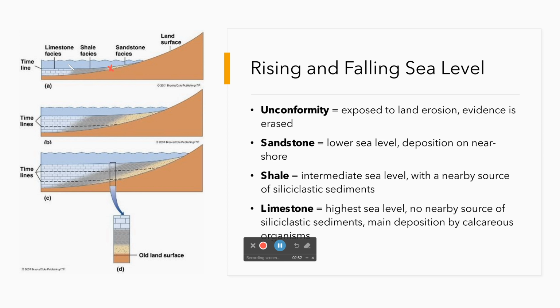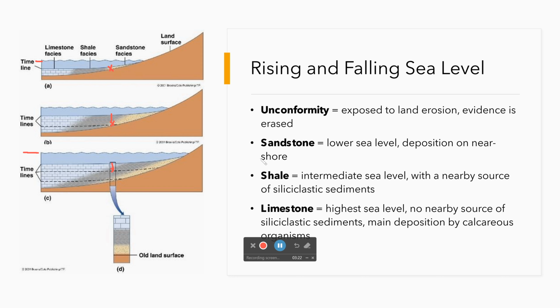That sandy area has sea level of a certain height, but let's say over time, sea level rises. If we're in that same spot, we're actually going to start to see deposition of shale because our sea level is rising.